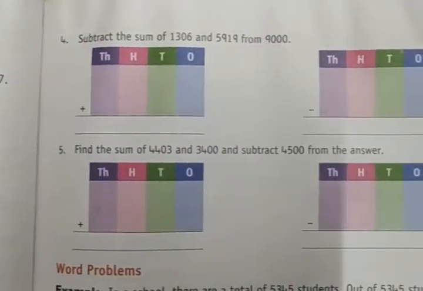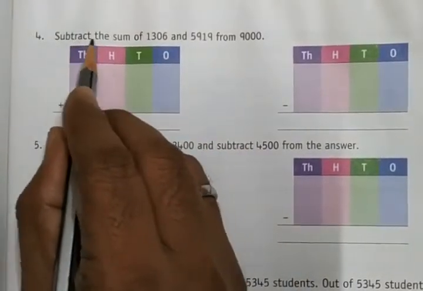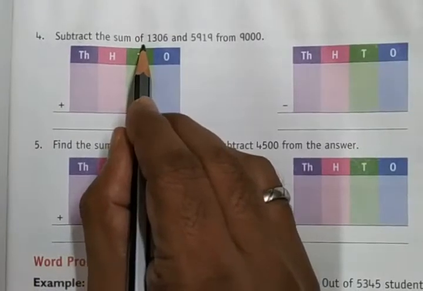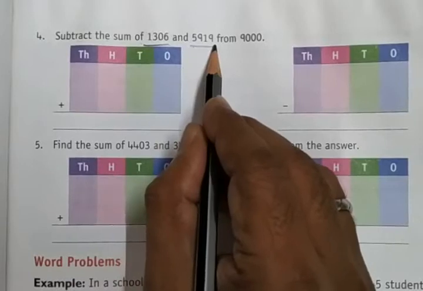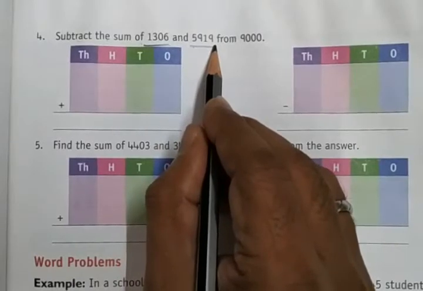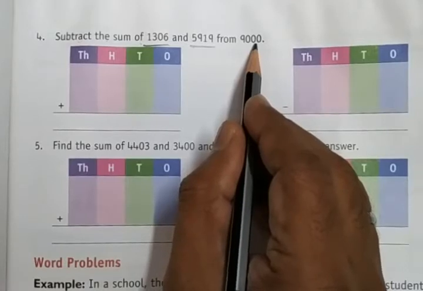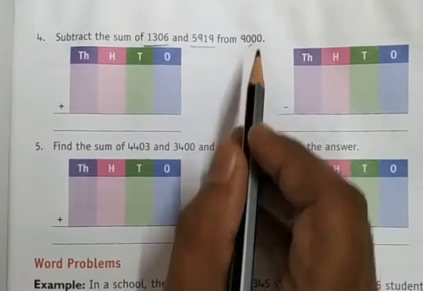Then let's move on, based on the same concept. We have a few more subtractions here. So this is subtract the sum of 1306 and 5919 from 9000. So what you have to do is, these two are subtracted from this, right?